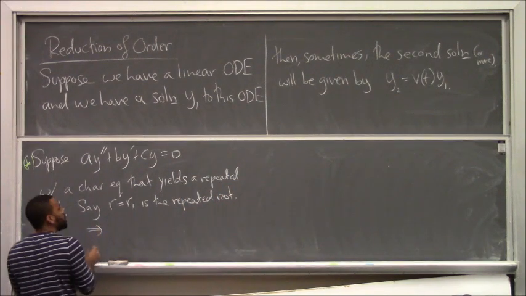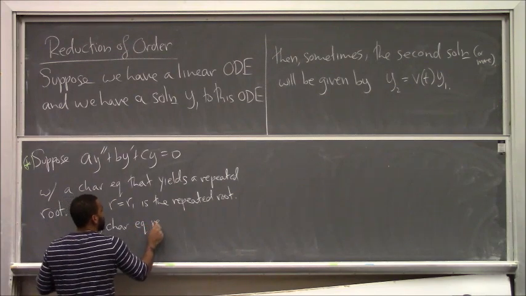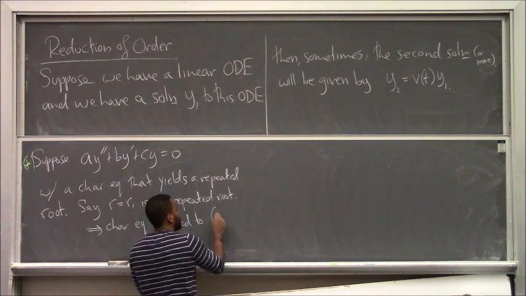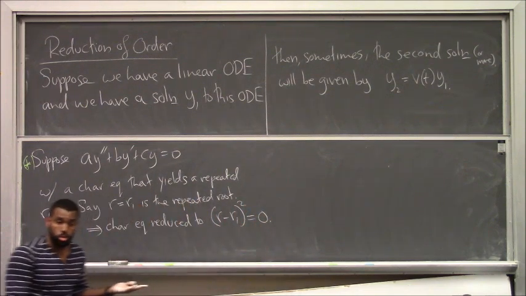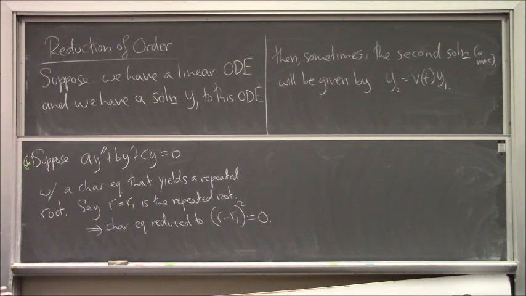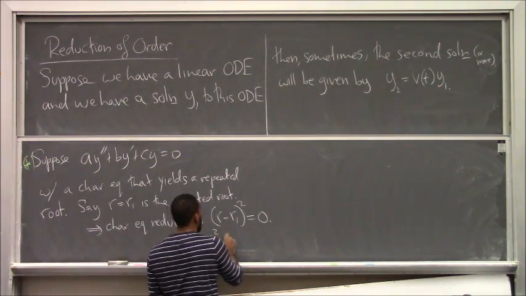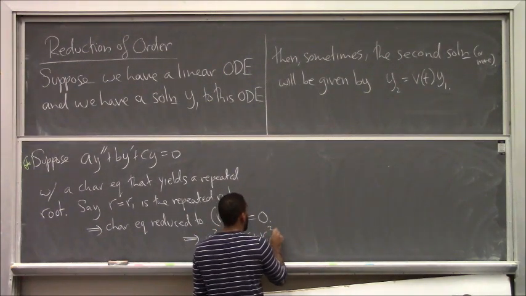This means that the characteristic equation had to reduce to what? Well, r minus r1 all squared, right? That's how we're going to get the repeated root. It had to come from something like that. Which means r squared minus 2 r1 r plus r1 squared equals 0.